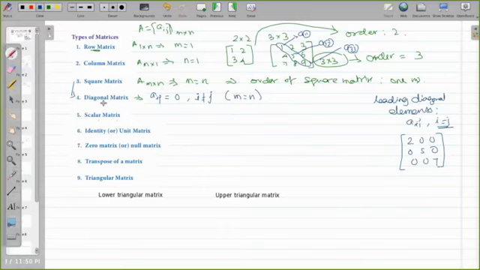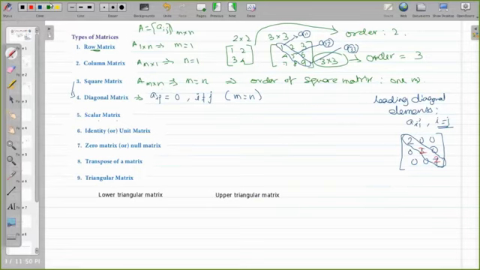Now see the next, the scalar matrix. Children, a scalar matrix is nothing but a diagonal matrix in which all the leading diagonal elements are the same. For this, we can say this is 2, this is 2, see that 2, 2, 2.